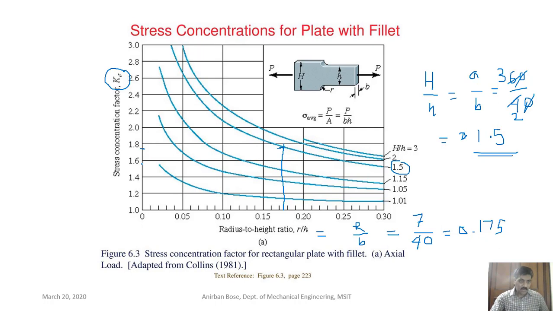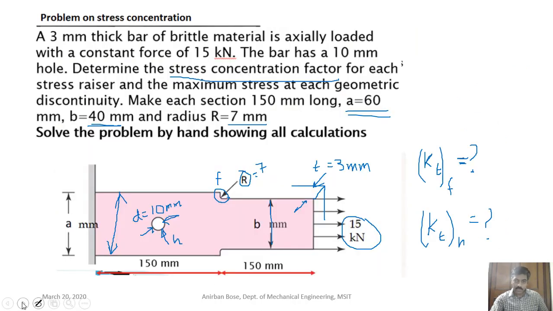So what will this be? 1.75. Okay, so it is around 1.75. So we have found the value of Kt, and that is 1.75. One problem we have solved: this is 1.75, which we got from the graph.